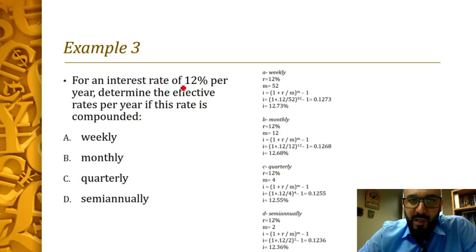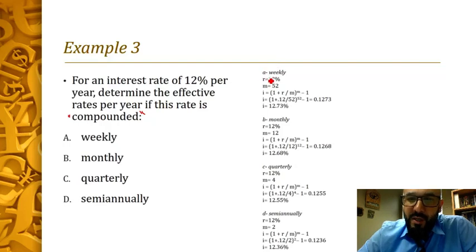Once you see the word compounded, you have to think about it: this is not the real rate. We have to find the effective interest rate, which is mentioned in the question.